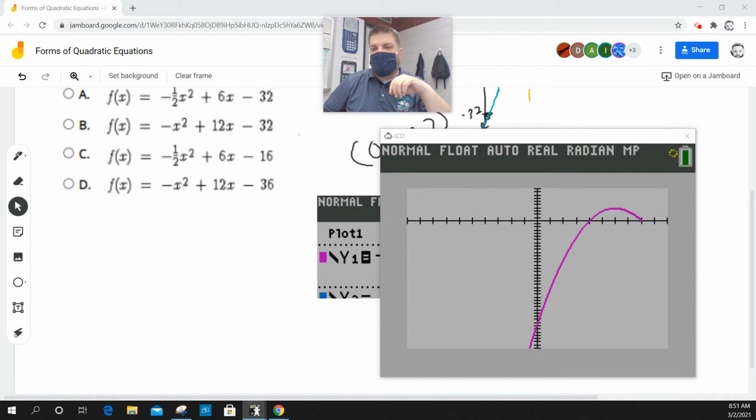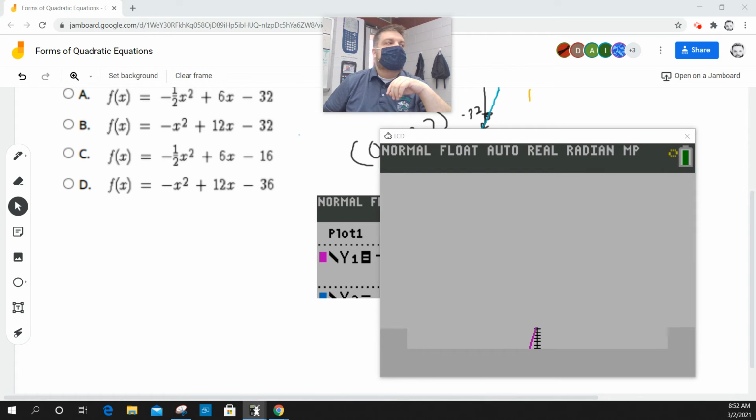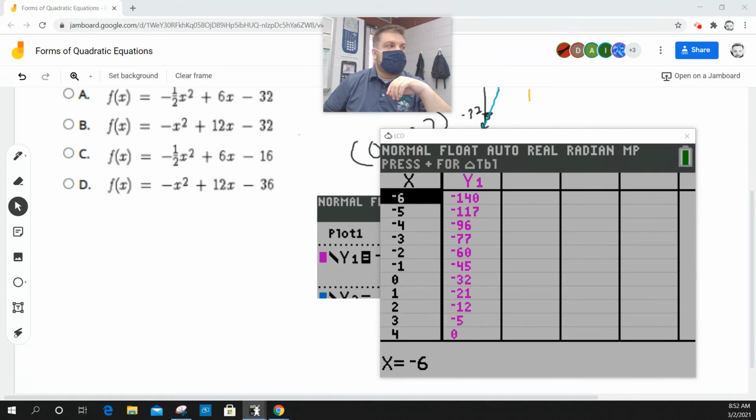Now, I don't know if you guys want to count all those little marks, okay? But what we can do is we can hit the table. So hit second, graph, and then I can just scroll up until I get to negative 32.